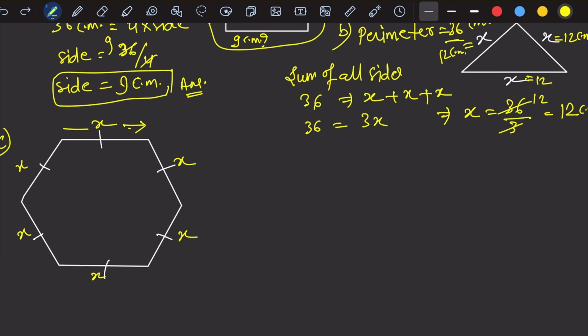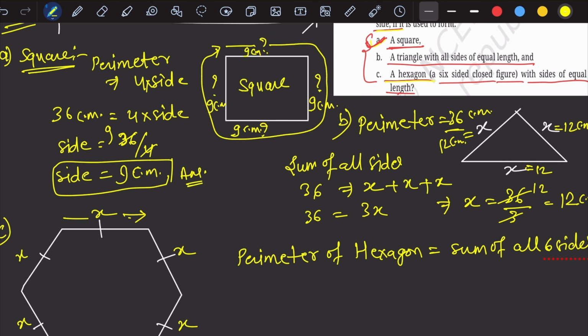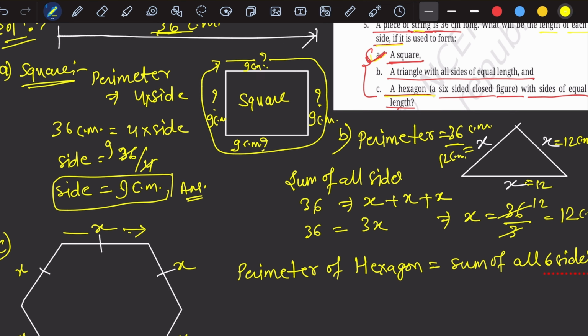So the perimeter of a hexagon will be the sum of all six sides. We are using the same length of string, 36 given: we have a 36 centimeter long string.